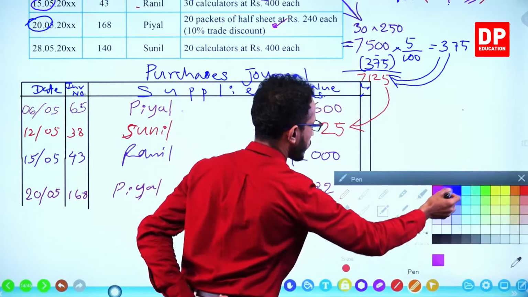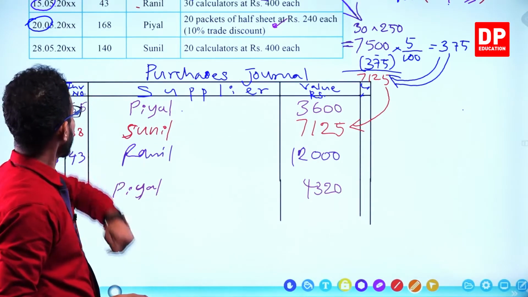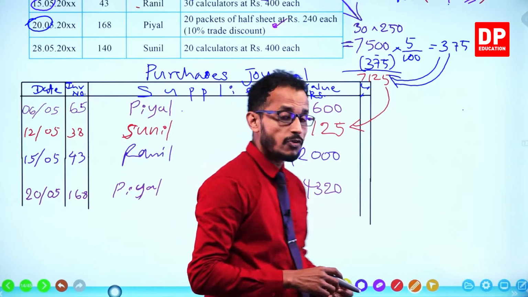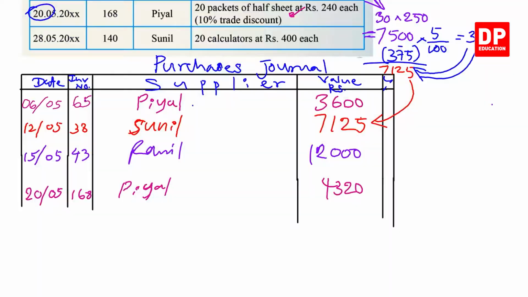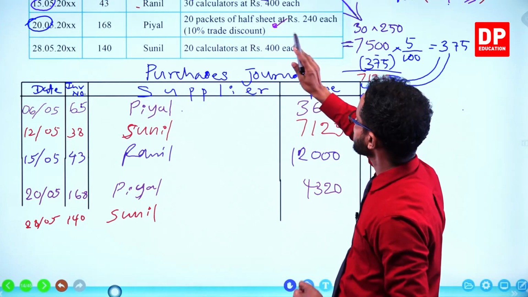Last one. We have Sunil again. Okay, Sunil. 20 calculators, 400 each.